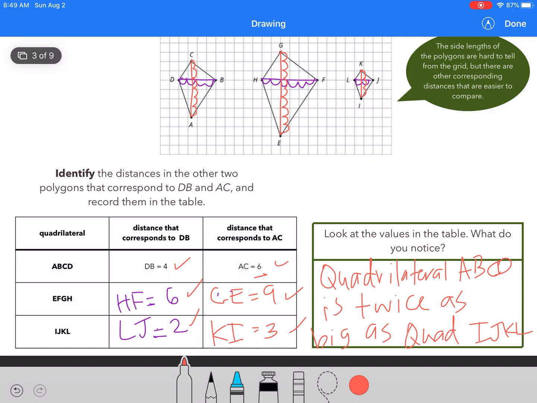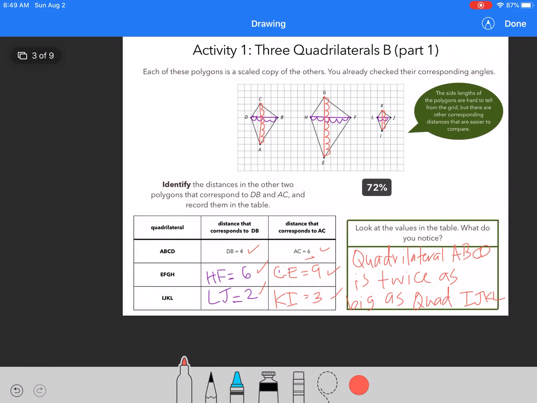You could notice a lot of things. You could say that EG or EFGH is 1.5 times as big. You could say the thing about the skip counting. You could say they all have the same factors.